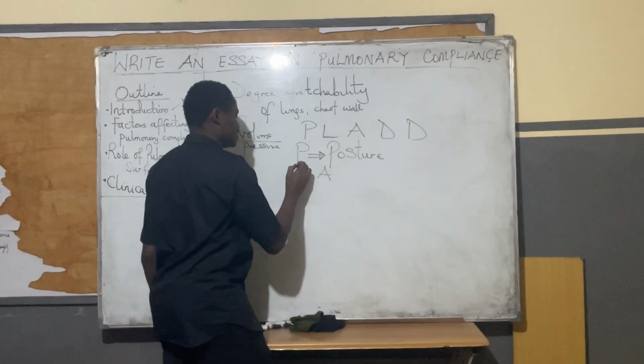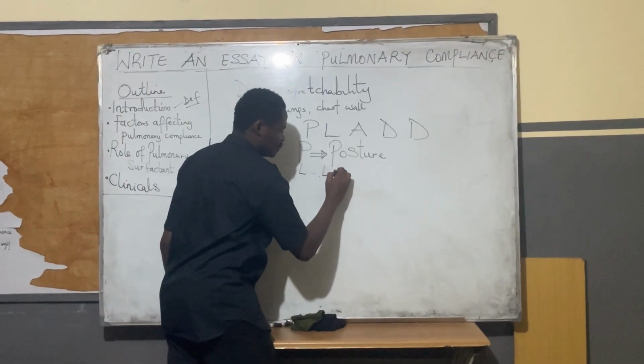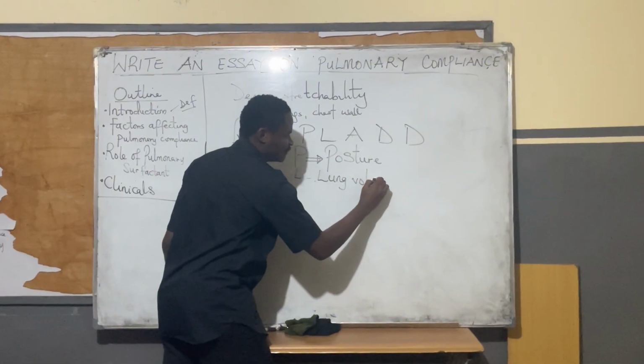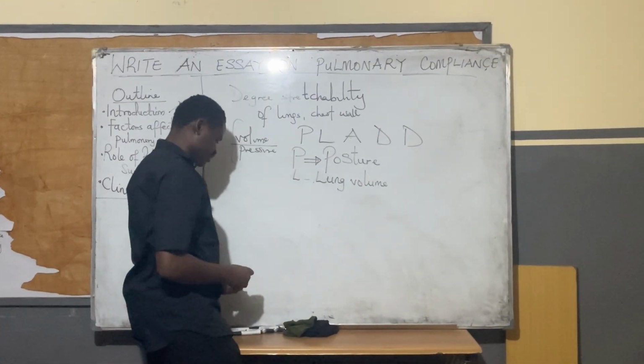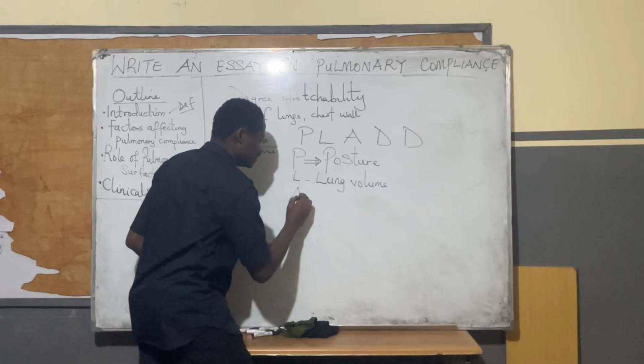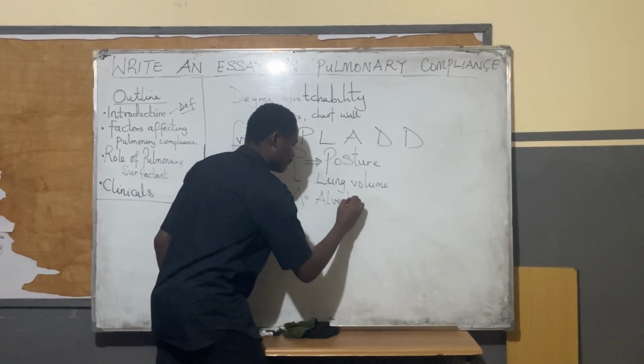L stands for lung volume. The A should stand for alveolar surface tension.